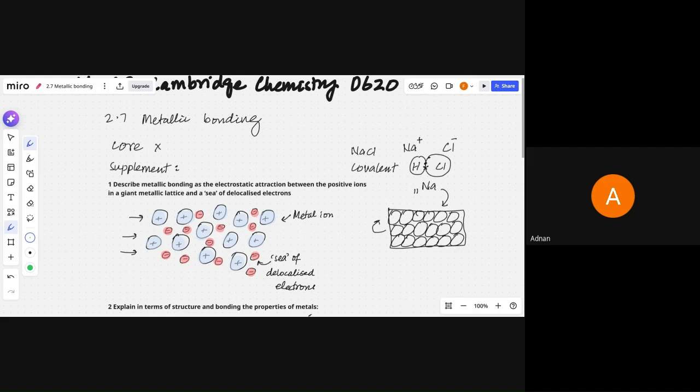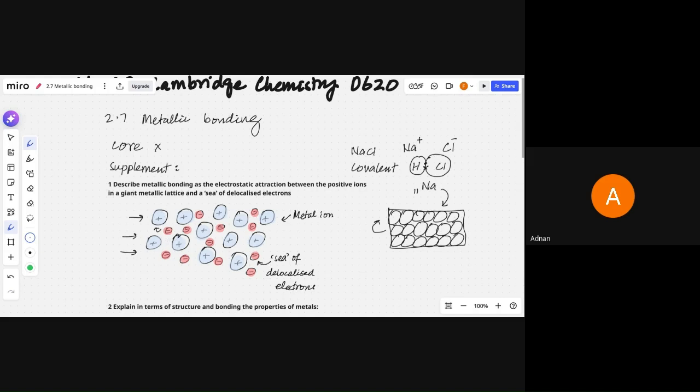Now you can see that a polarity is created. The negatively charged electrons will be attracting the positive metal ions, or positive metal cations, as these are called.